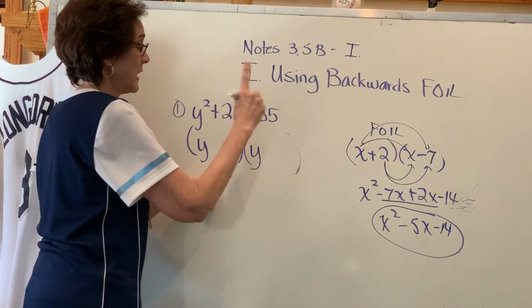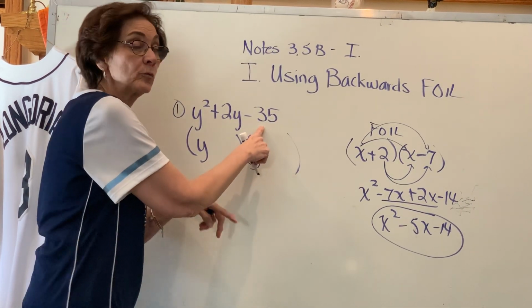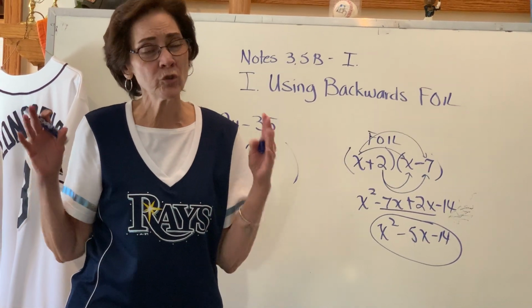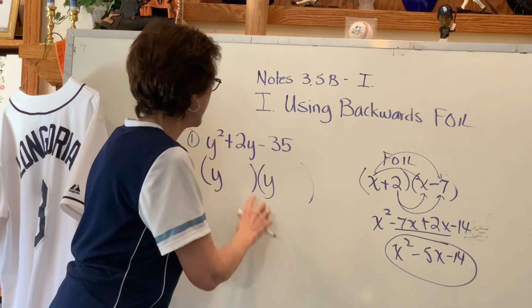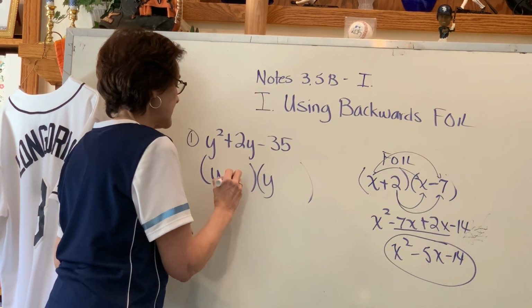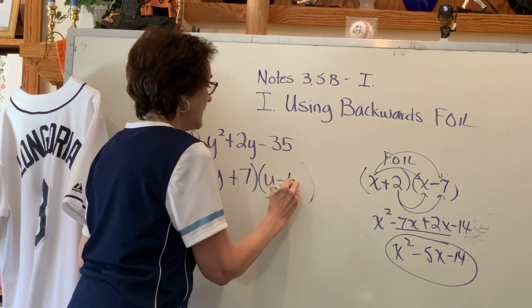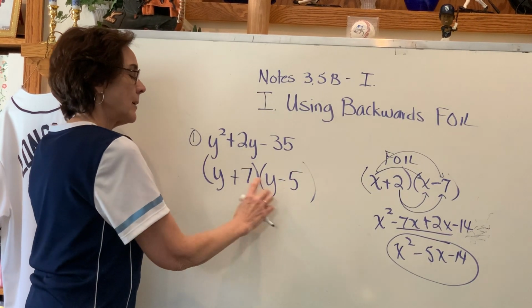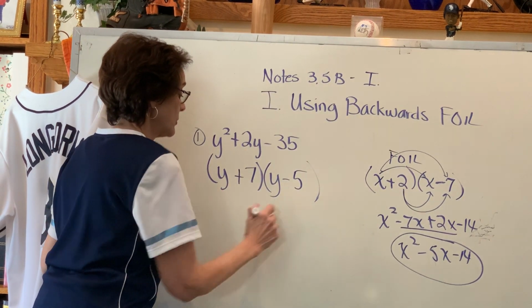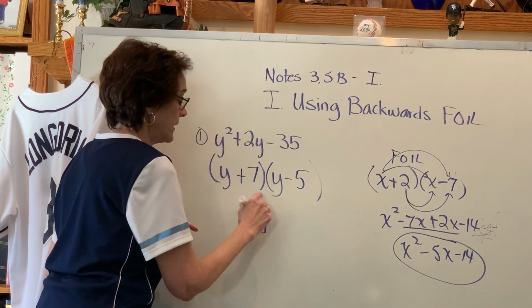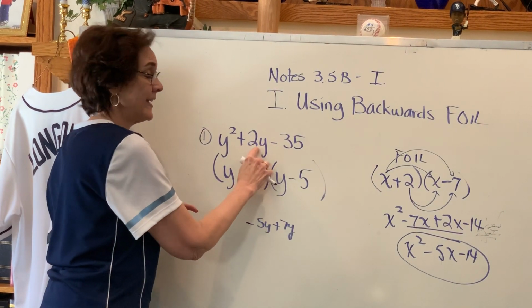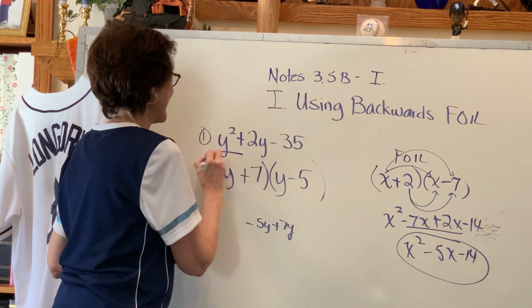What last term times what last term has to multiply to get negative 35? But you do have to keep in mind, when you check the outers and inners, it's got to add up to 2y. So hopefully you figured out it's 7 and negative 5. 7 times negative 5 is negative 35. Your outers would be negative 5y. Your inners would be 7y. When you add that together, look what you get, 2y. So that's the answer.